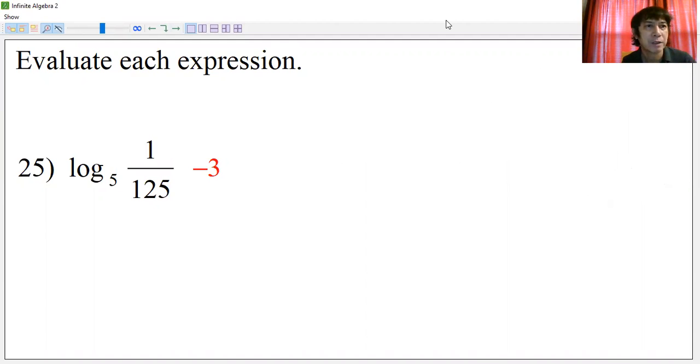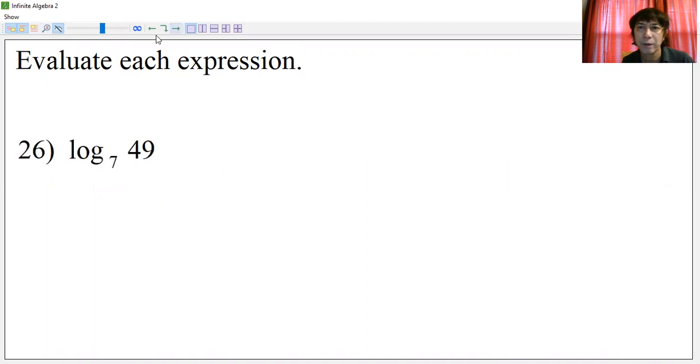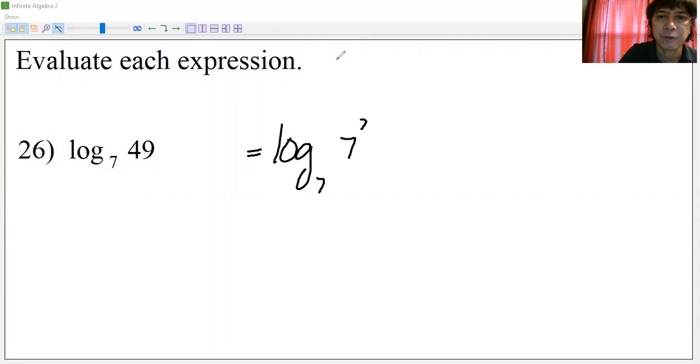Okay. Here is the next number. Logarithm of 49 base 7. We can solve this easily because 49 is 7 squared. That means this will be logarithm to the base 7 of 7 squared.